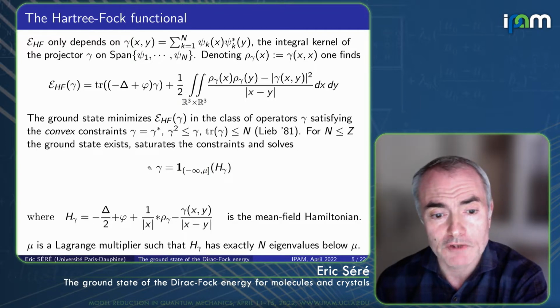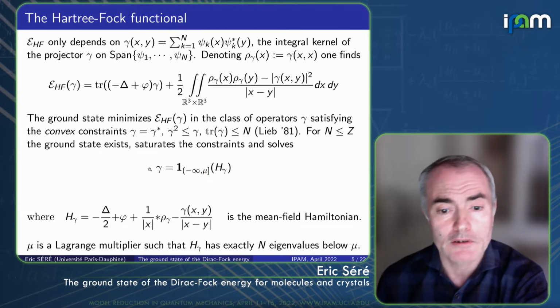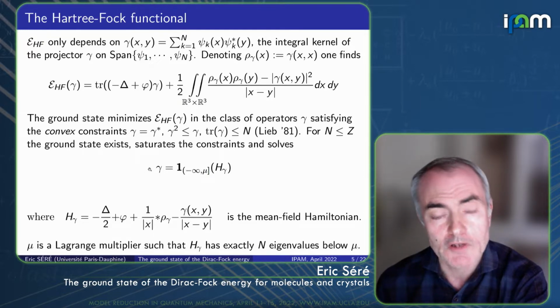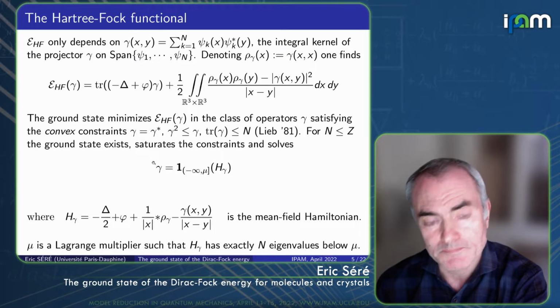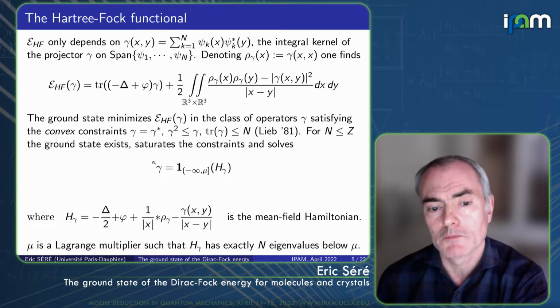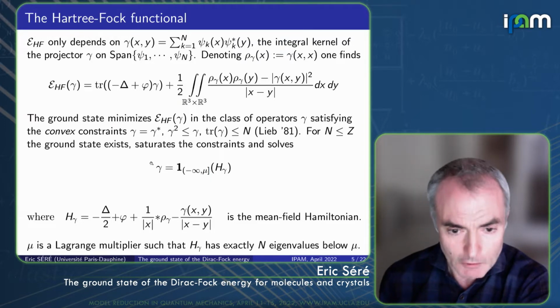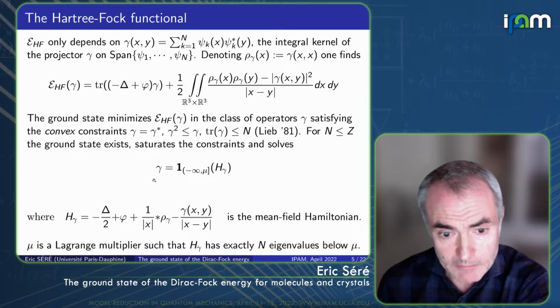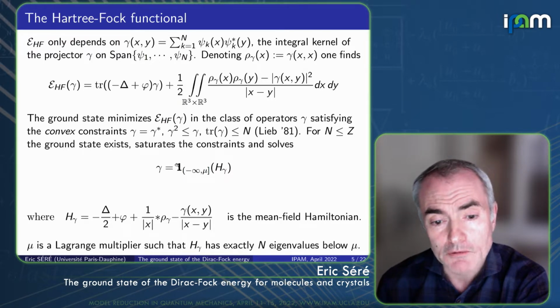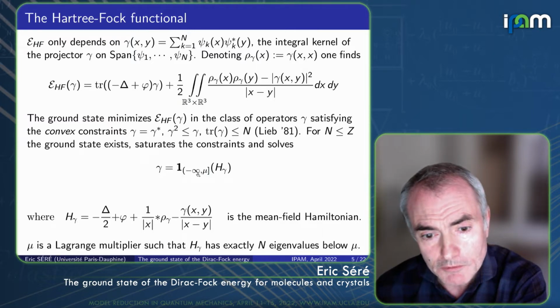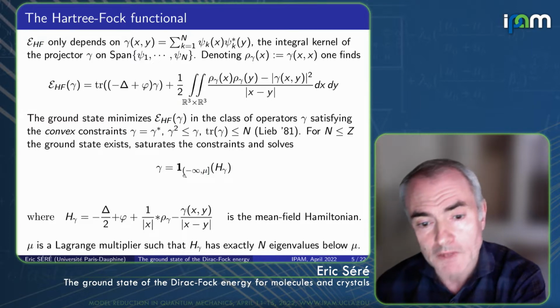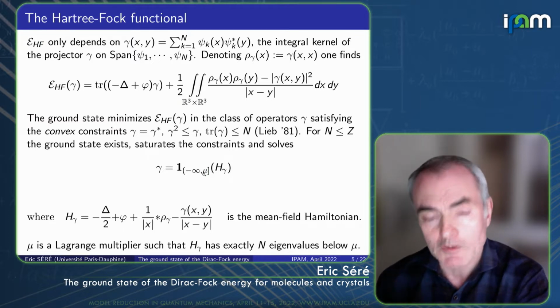And this projector of rank n, in fact, solves the Euler-Lagrange equation, which can be seen as a self-consistent equation, the one that is solved in most quantum chemistry codes. So gamma should be the spectral projector associated with a mean field operator H gamma, and it should be a spectral projector associated to an interval minus infinity to mu, where mu is a chemical potential.